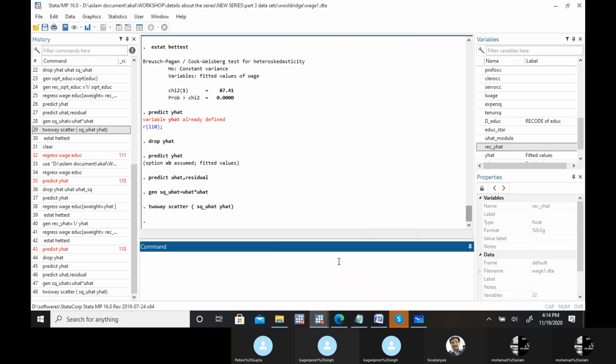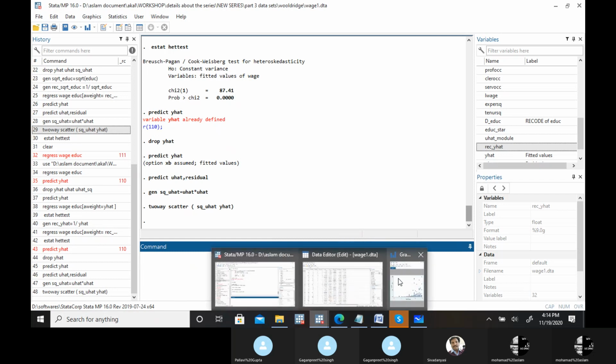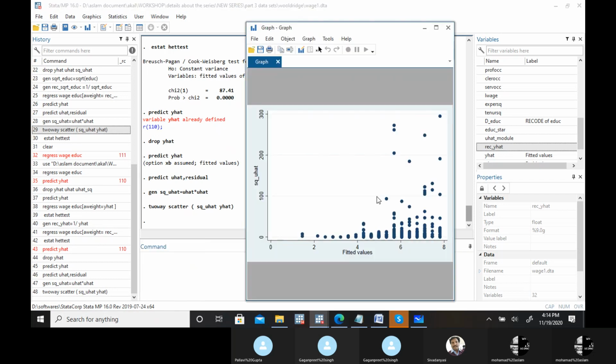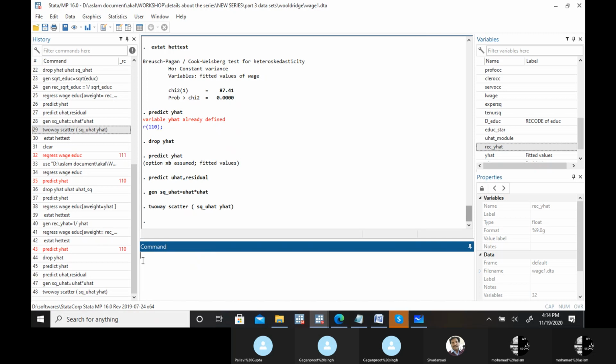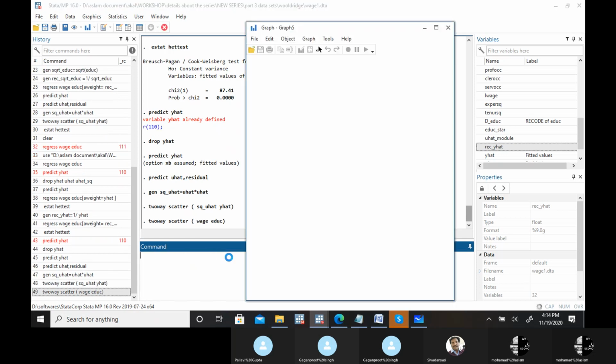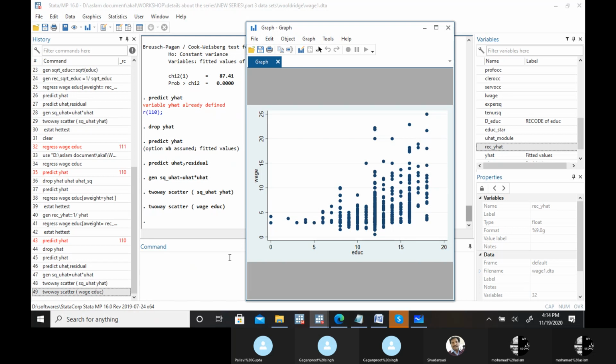Now you can try other methods, but let me tell you one or two things here. First, try to get rid of these outliers, because in the original graph of wage and education, as I told you in multicollinearity, first you have to find the cause of that problem, then only you can get rid of it. Here the outliers are two-ended.